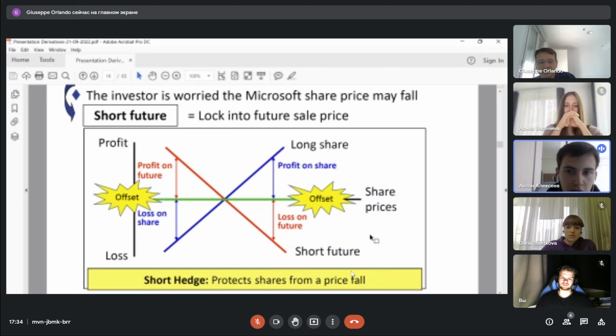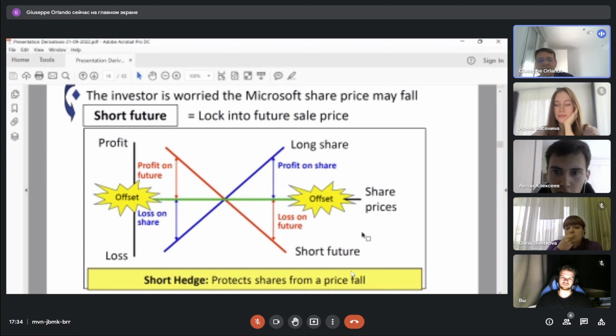But I have a question about this. How can we earn money, so get profit, from buying short and long? Yeah, sure. So here, the blue is the fact that you have a security.